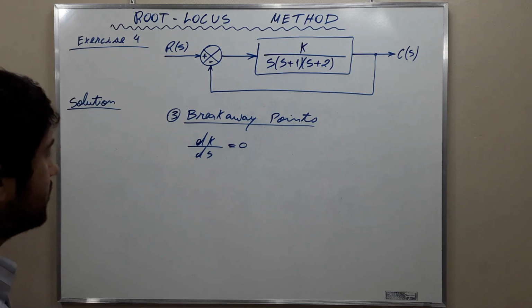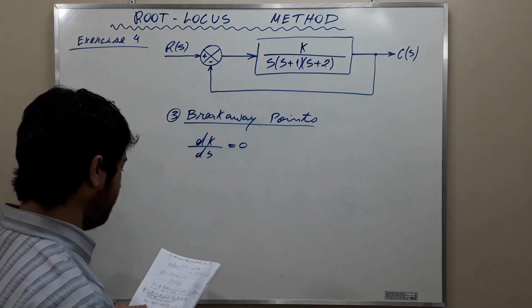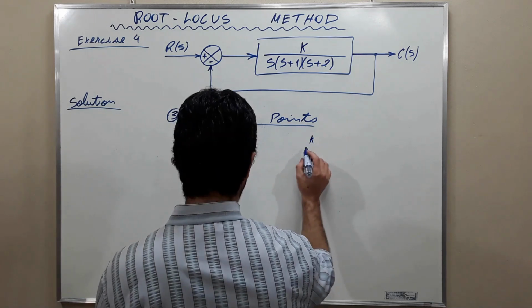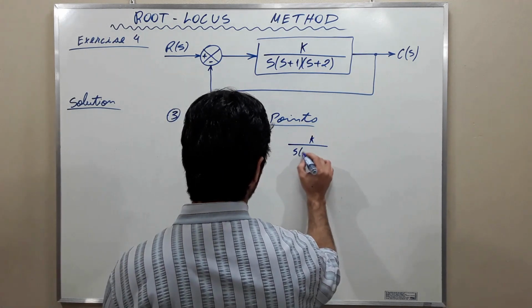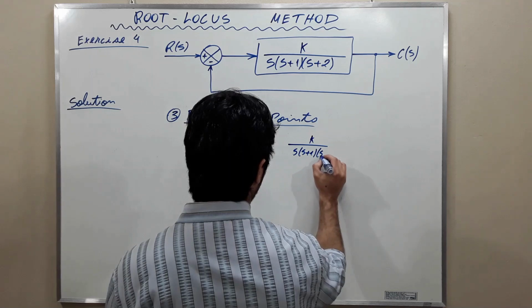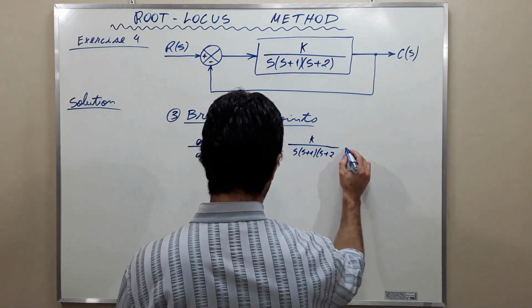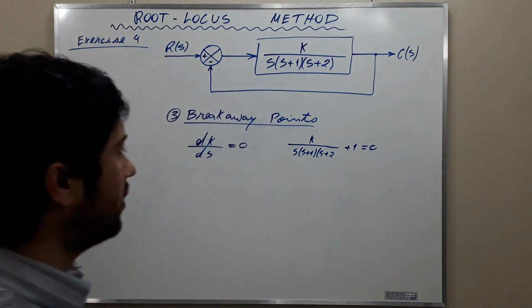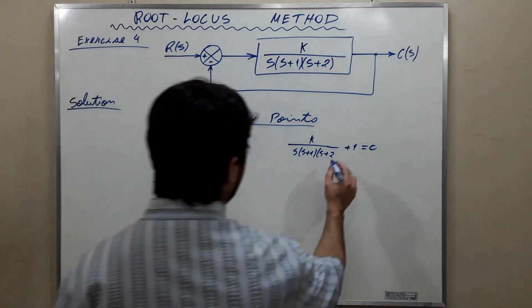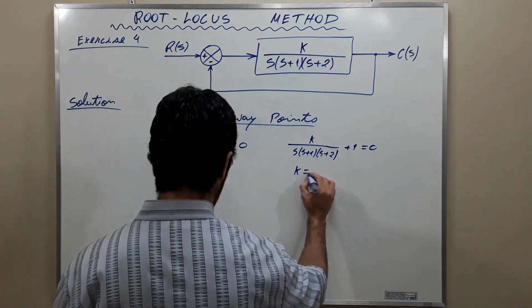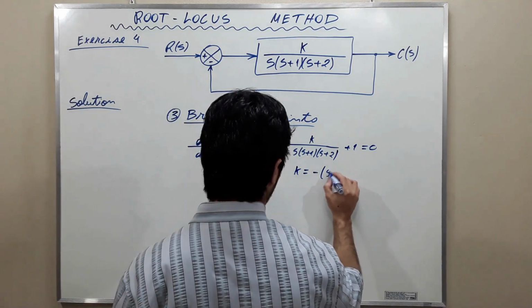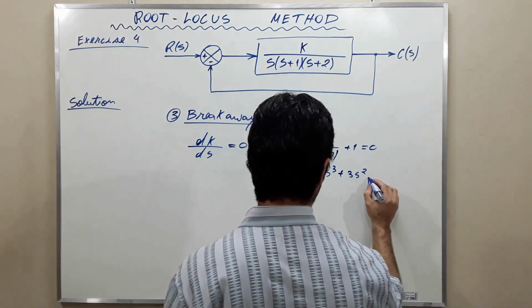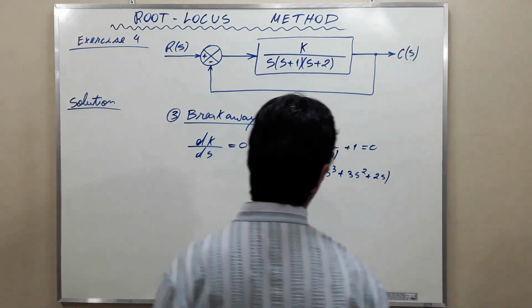In this exercise, the characteristic equation is given by k over s, s plus 1, s plus 2, plus 1 equal to 0. And if we develop this, we get that k is equal to minus s cubed plus 3s squared plus 2s.